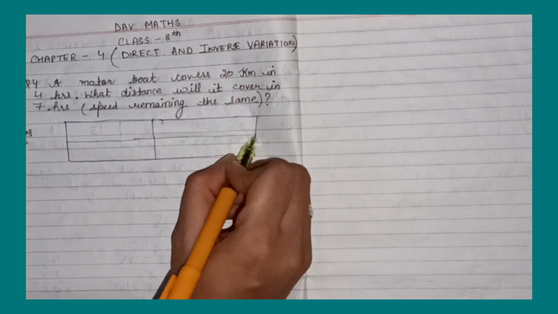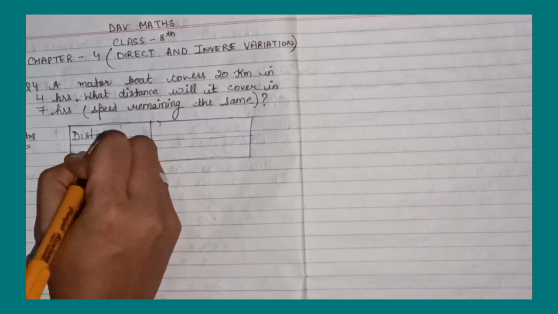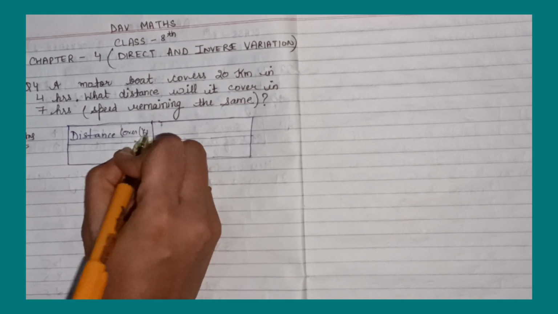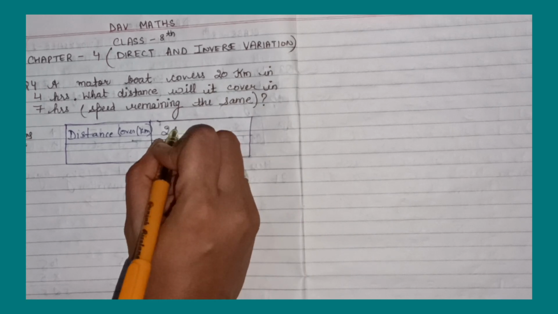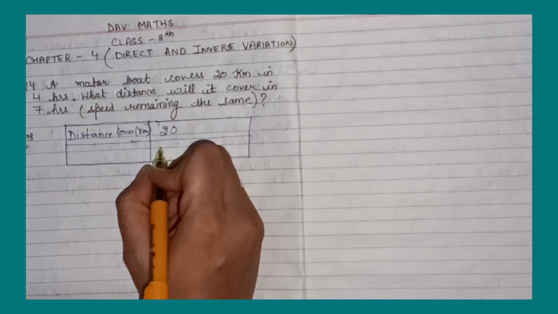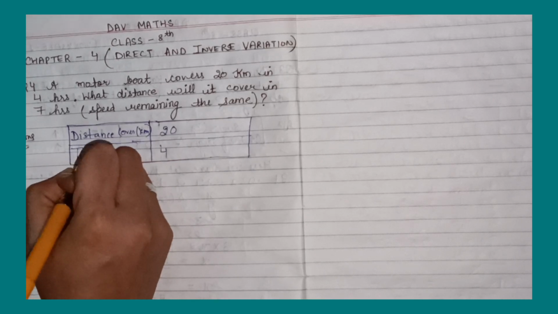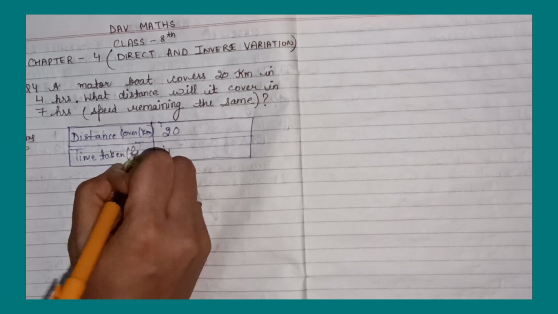I write in the first box distance covered in kilometers. So here 20 kilometers distance is covered in 4 hours. Here I write time taken in hours.